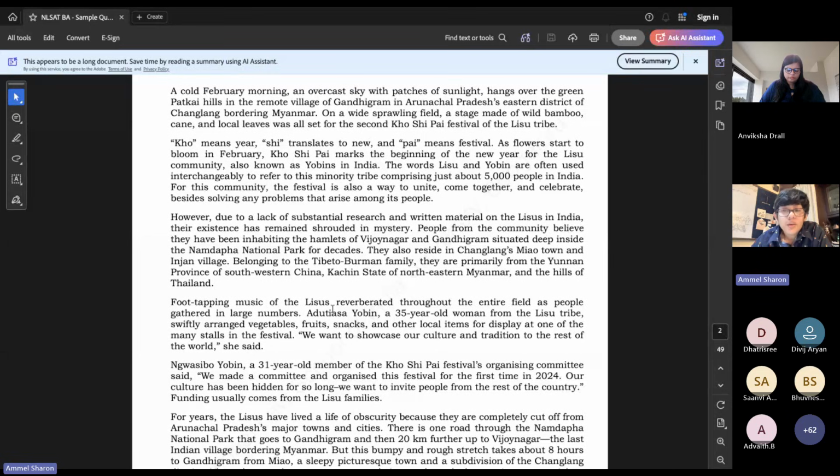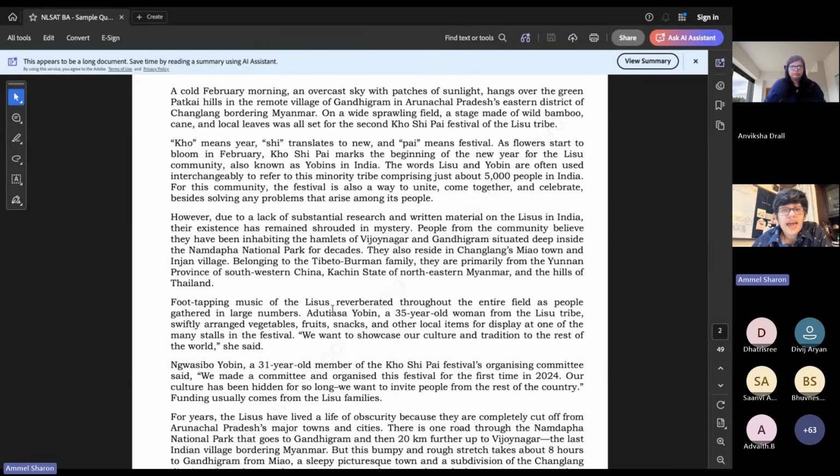The words Lisu and Yobin are often used interchangeably to refer to this minority tribe comprising just about 5,000 people in India. For this community, the festival is also a way to unite, come together, and celebrate, besides solving any problems that arise among its people.